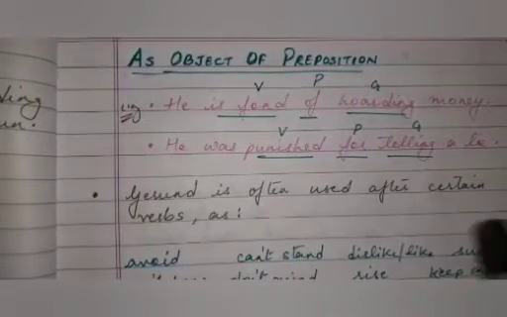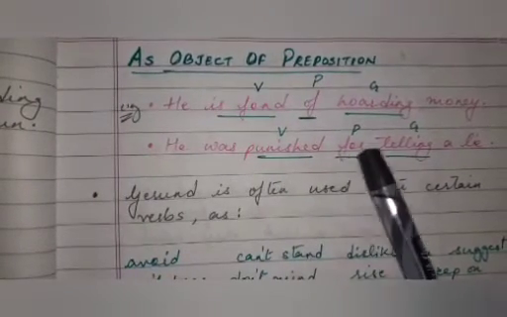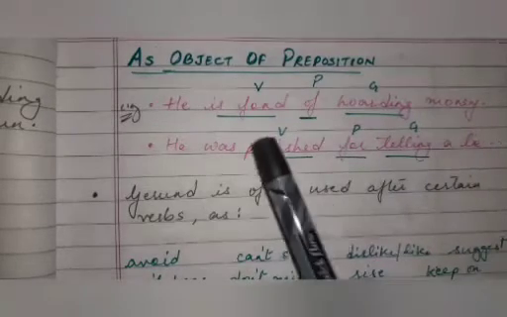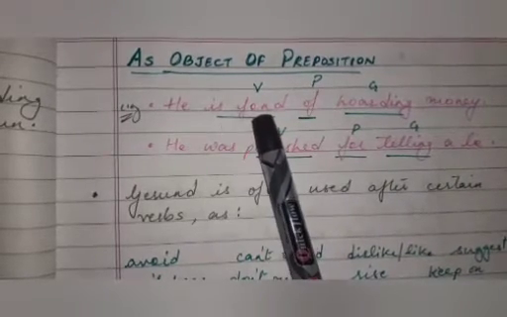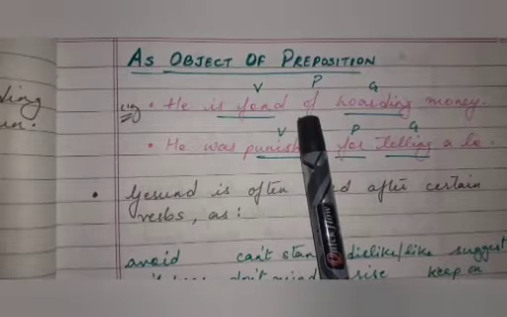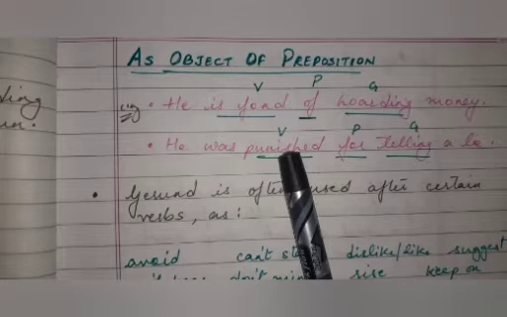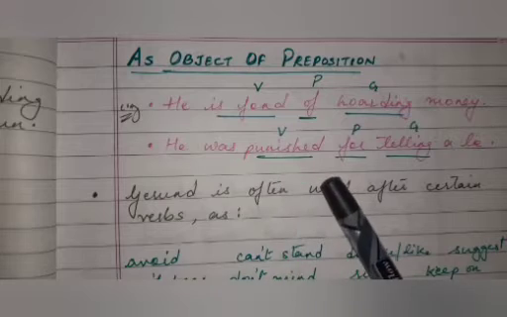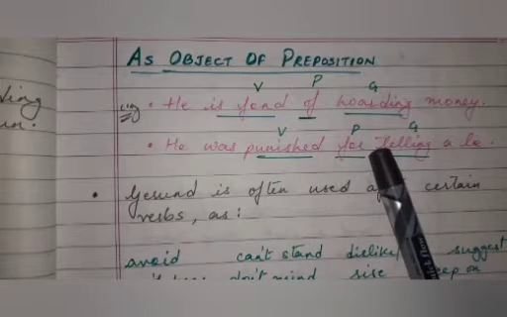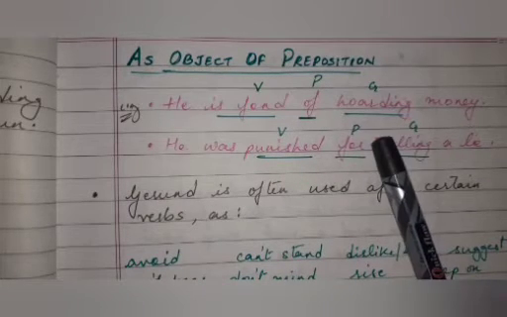Just see. He is fond of hoarding money. He is your subject. Is fond is your verb. Of is the preposition. Okay? Just ask the question, what is he fond of? Hoarding. So hoarding becomes your gerund. But you can see it is your object here.